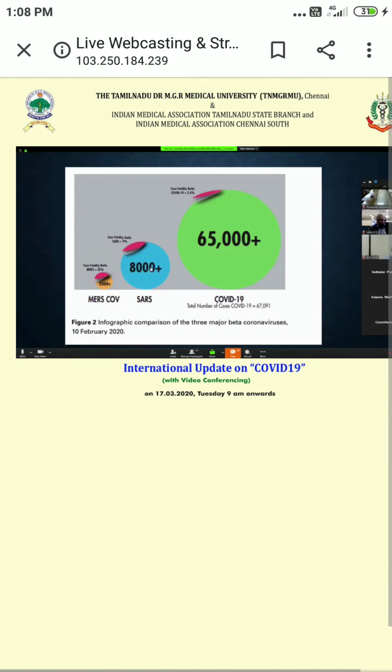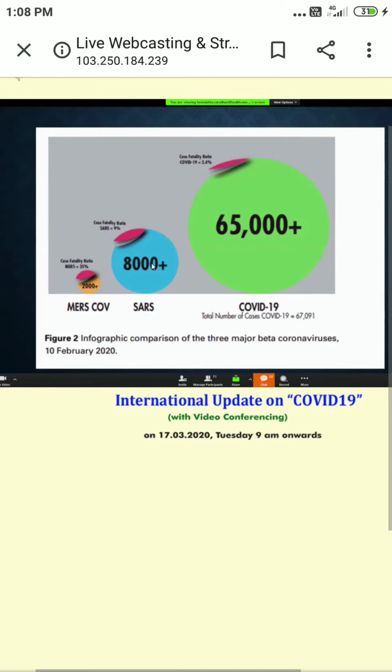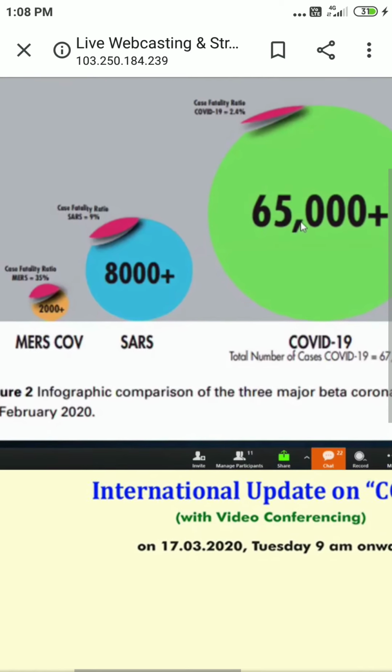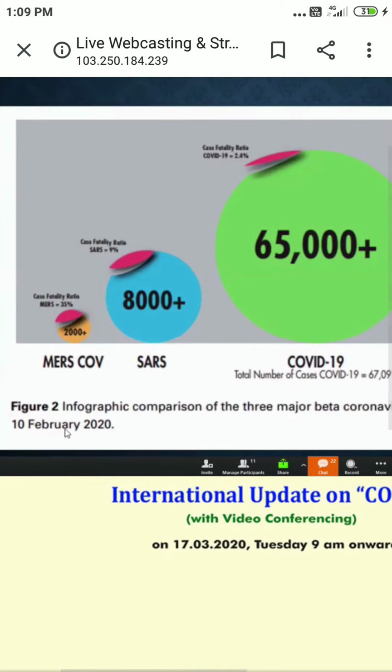So this is just a comparison of the estimated as well as the cases that we have observed. But this is of 10th of Feb 2020, so not quite recent.